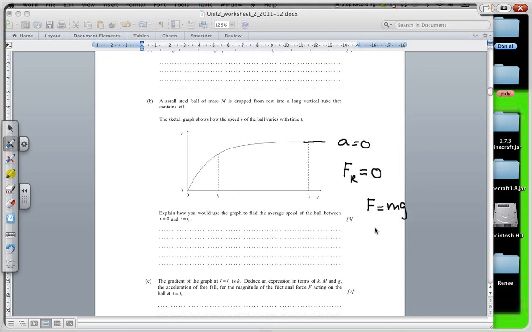So the net force acting on this is 0, so mg minus F equals 0 newtons. By Newton's first and second laws, there will be 0 acceleration taking place. Fine, so that was question 2.